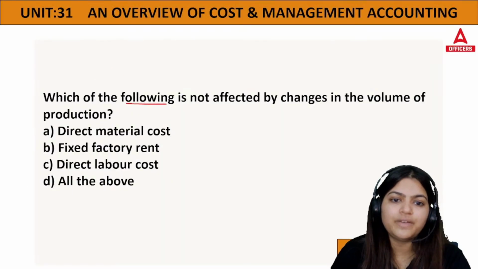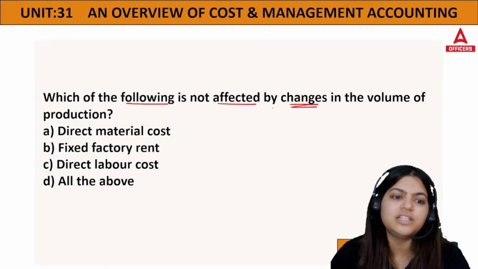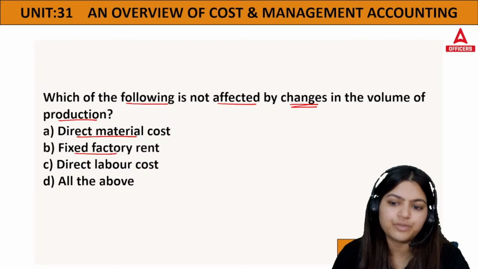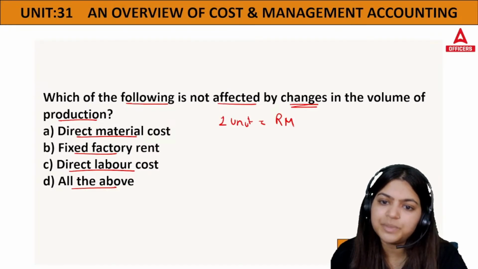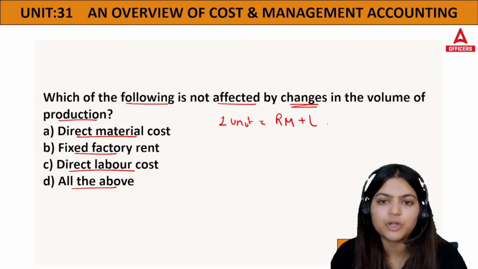Which of the following is not affected by changes in the volume of production? We have direct material cost, fixed factory rent, direct labor cost, all of the above. Volume of production means if you are manufacturing 1 unit, you require raw material as per that, and you will take labor cost as per that.